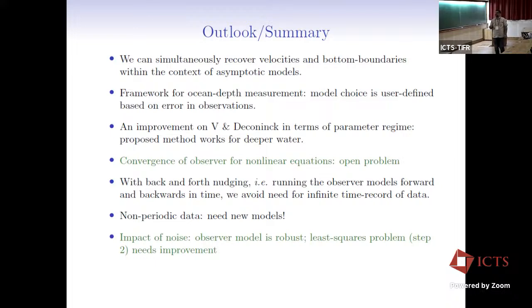And of course, the other problem is this noise issue. The observer model is very robust with noise, which is to say, if you introduce noise, then the output of the observer is proportional to that noise level, as it should be. If your observations are noisy, your reconstruction should be equally noisy. But the second step where I had this optimization problem, this minimization problem, that doesn't seem to respond nicely to noise.